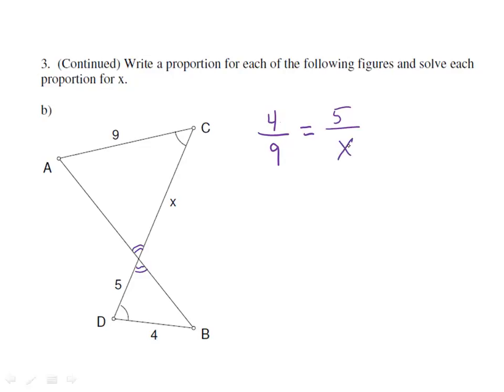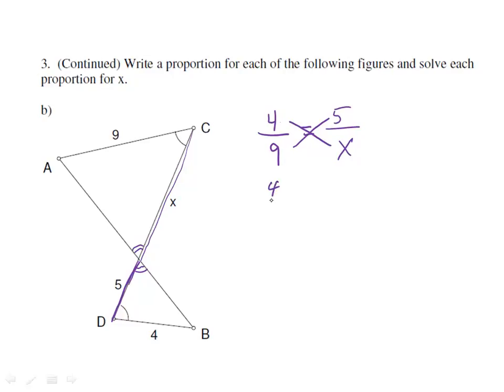How do you make that decision? Well, look at this side length. It's included between the two angles that I've got here. So on the other triangle I need the side length that is included between the two angles that I've marked equal.